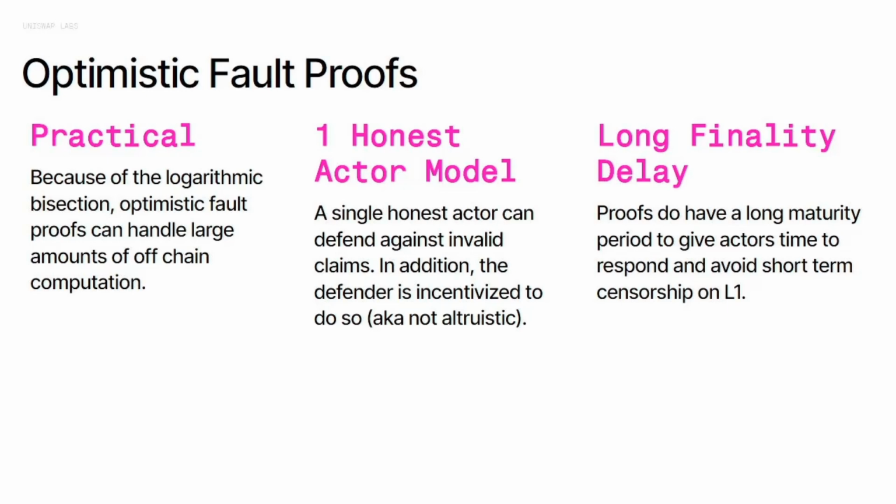I didn't touch on this too much, but the fault-proof system for any rollup really is very disconnected from the rollup itself. You're making a claim about what you think is correct on Ethereum, and that has no bearing on any other claim that someone else is making about the state of the rollup.